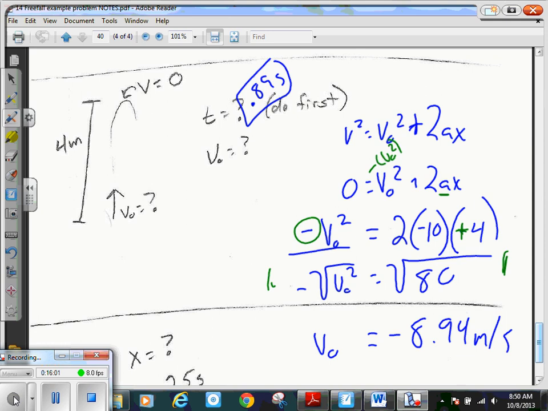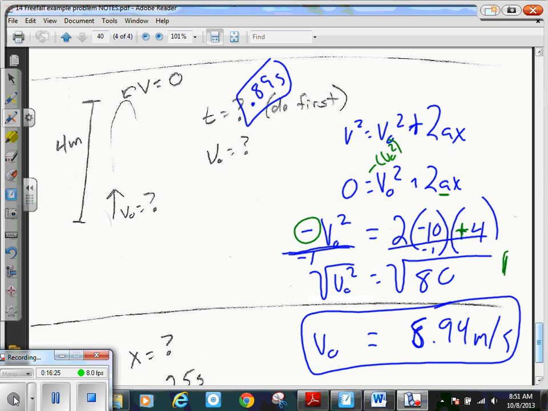Well, before you get to this line, what you could do is divide both sides by -1, and then you have a positive under the radical, and then we get the right answer, 8.94. So ultimately, you got to be careful with your math. You got to be thinking, which way should this thing be going? Am I coming up with the right sign or not?